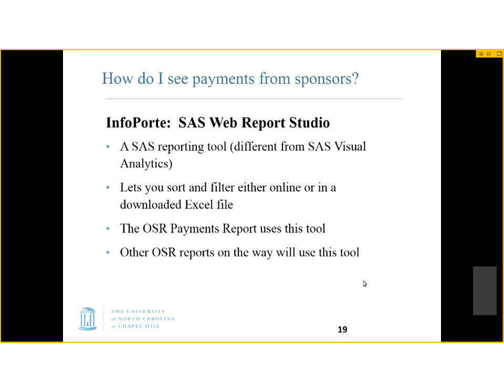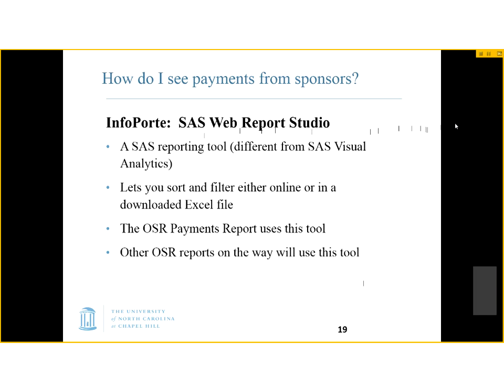The first thing I want to say about this report is that it uses a tool called SAS Web Report Studio. This is kind of a new tool in the last month or two. We've put out a couple of reports already that use this tool, so I just want to talk to it a minute. It is different from what's called the SAS VA reporting tool, which the Comprehensive Financial Summary Report uses, along with some other reports and some of the HR reports.